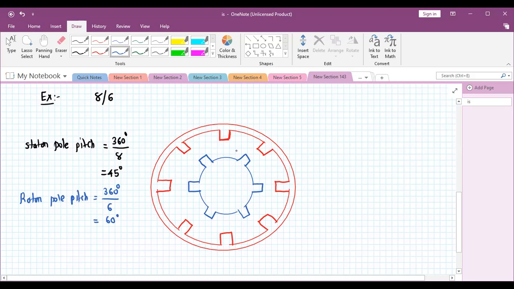Both have, means we can say both have a saliency. Stator has a saliency as well as rotor has a saliency. Saliency means projected pole. So stator and rotor both have saliency, or we can say salient poles.